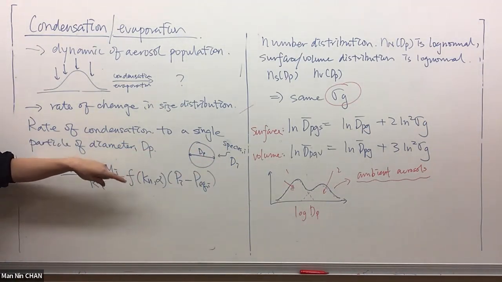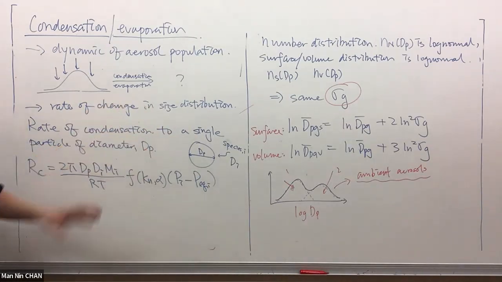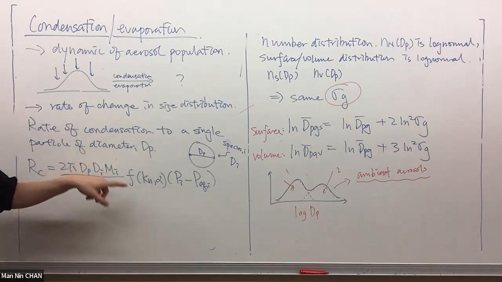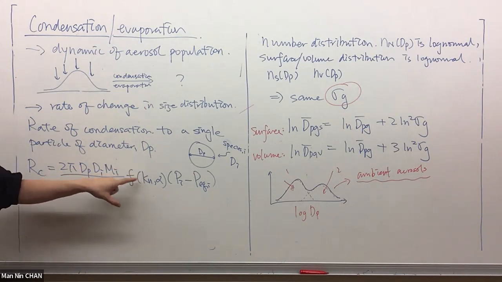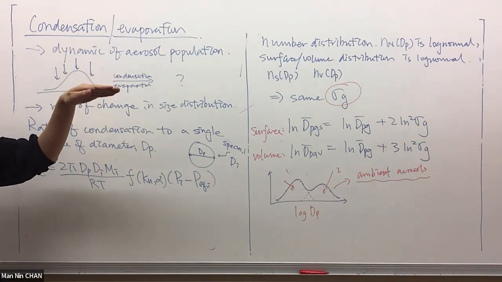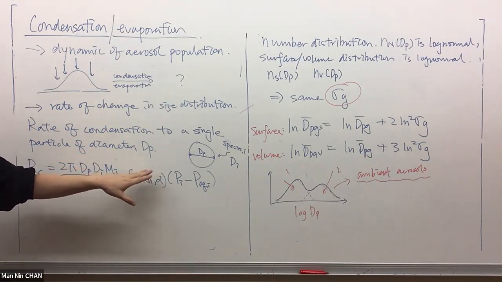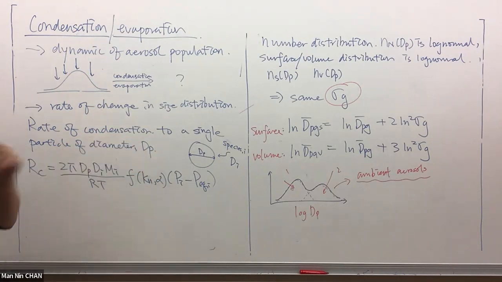Remember, when we talk about the aerosol dynamics, it depends on whether we are in the continuum regime, the kinetic regime, or in between, the transition regime. So you need to do the corrections. This is called the Knudsen number, the ratio between your mean free path and your particle diameter. And this alpha is the accommodation coefficient.